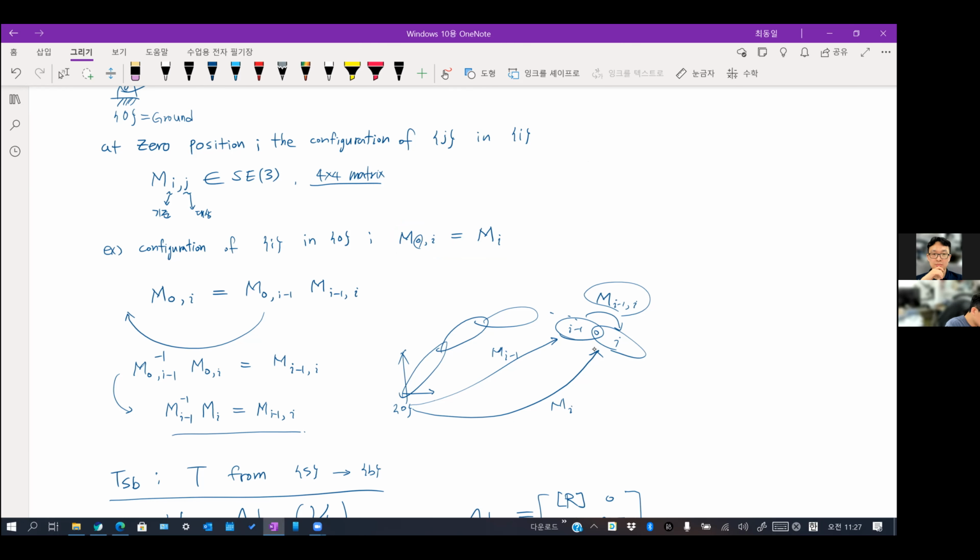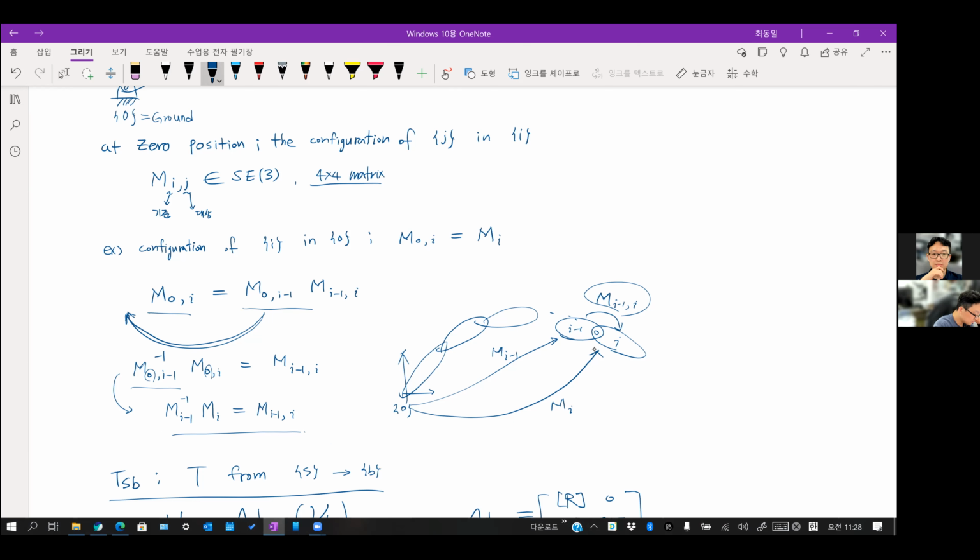This is for simplification. M0,i equals M0,i-1 multiplying M(i-1),i. So if we move this matrix here, then this one is an inverse matrix, and then this 0 index can be ignored. So we can simply write it like this.